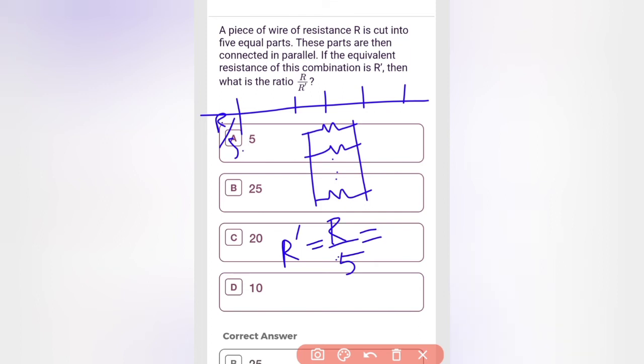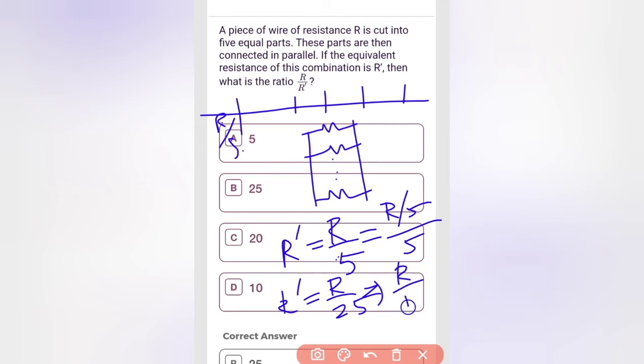Each resistance is having R by 5 value. So R by 5 divided by 5 is going to be R by 25. So R dash is equal to R by 25. Then what is R by R dash? From this we can write R divided by R dash will be equal to 25. So option B is the correct answer.